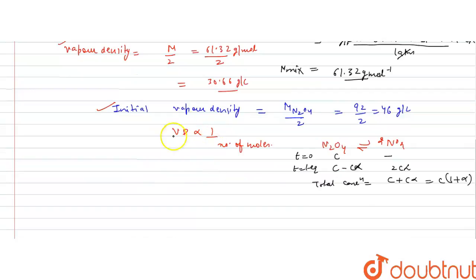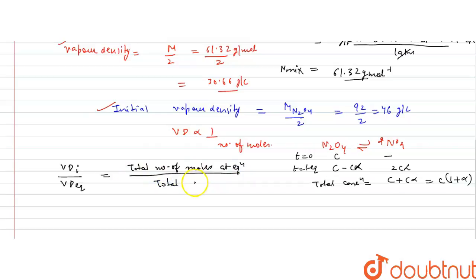Now if we relate vapor density to number of moles, it would be vapor density initially to vapor density at equilibrium. Vapor density is inversely proportional to number of moles, so it would be the total concentration at equilibrium divided by total moles initially.